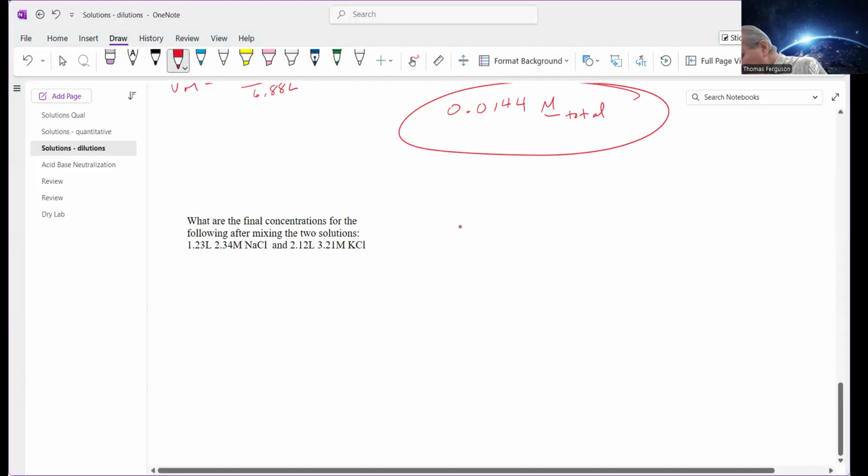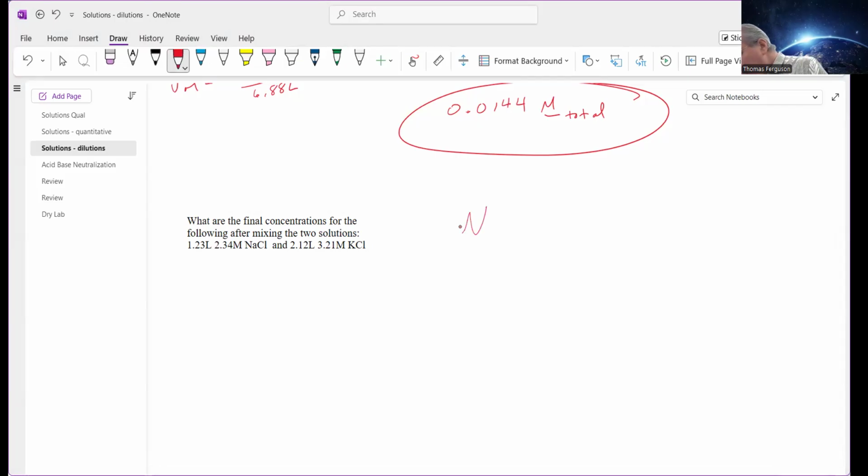So when you put sodium chloride in water, aqueous, we've got individual sodium and chloride ions. And these are aqueous now.